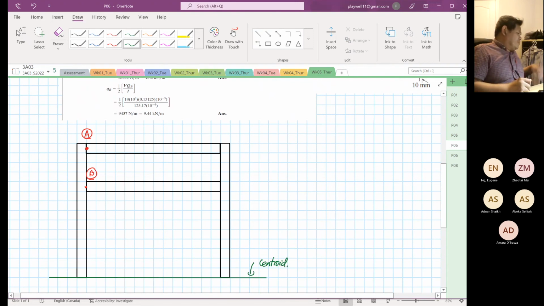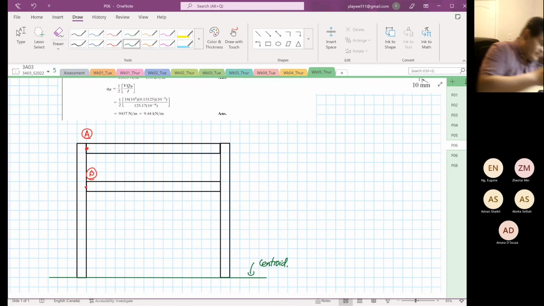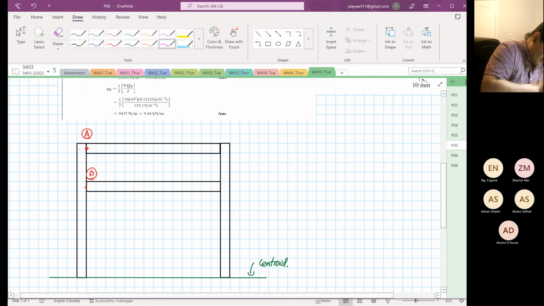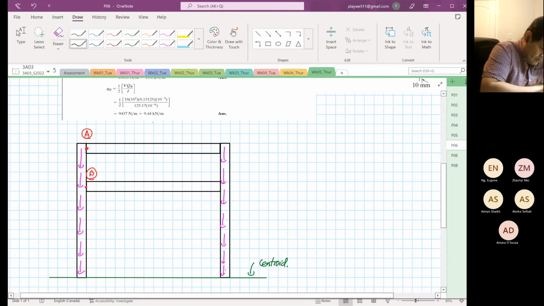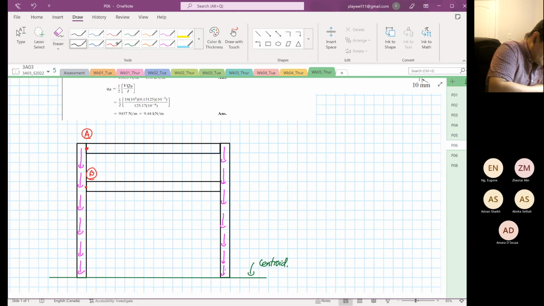So we still apply the same rule. We design the shear flow first. The web controls the flow. So over here, you have your Vy.